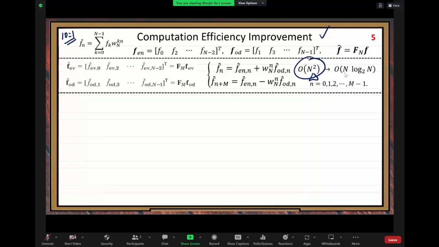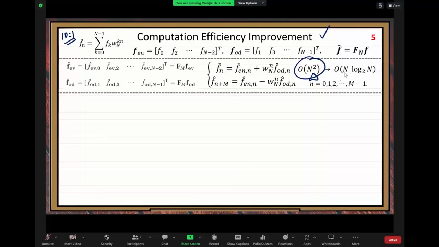Now, if we arrange our terms carefully and try very hard to remove redundant computation, because when you do computation, some steps you may do more than once, we call it redundant computation.